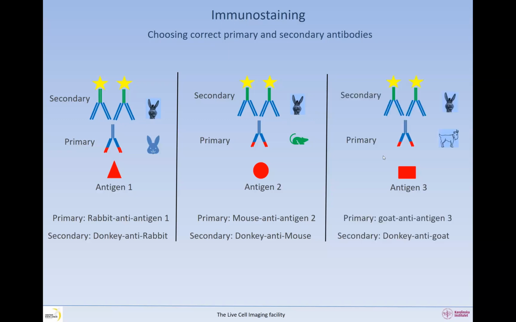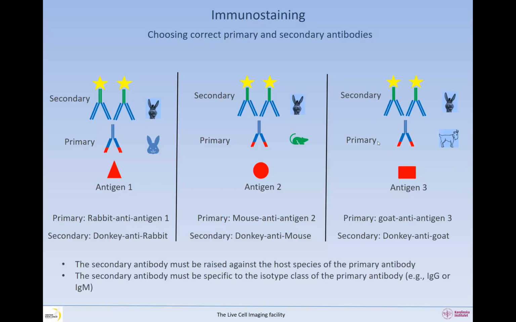For the third antigen, we raised it with a primary goat anti-antigen 3. So the secondary will be a donkey anti-goat. So the secondary antibody must be raised against the host species of the primary antibody, and it has to be specific to the isotype class of the primary antibody, for example, IgG or IgM.